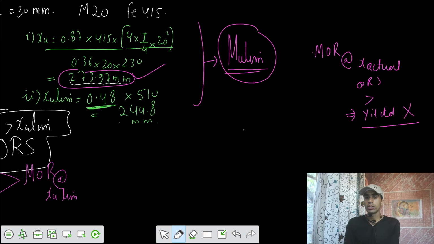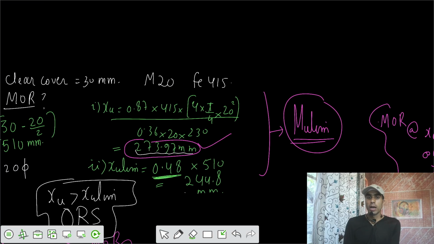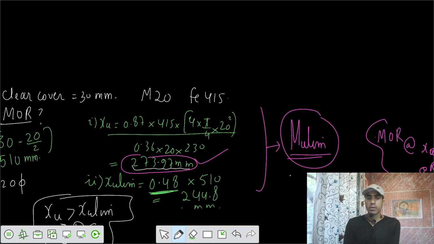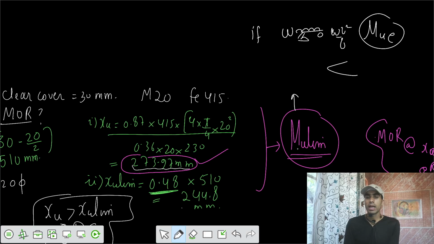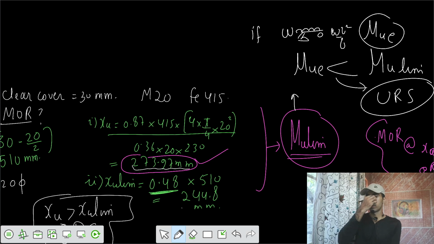Steel is not going to yield. That means it's not a better way. So I'm solving Mu limiting in this way, so that I have to ensure my external bending moments are lesser than Mu limiting, and this condition will ensure that the section finally becomes an under-reinforced section. So this is the actual way we have.